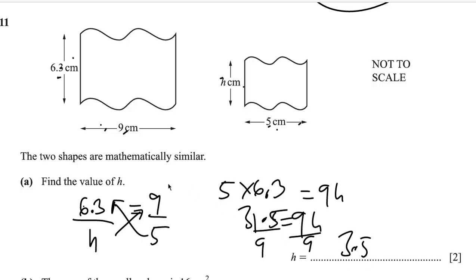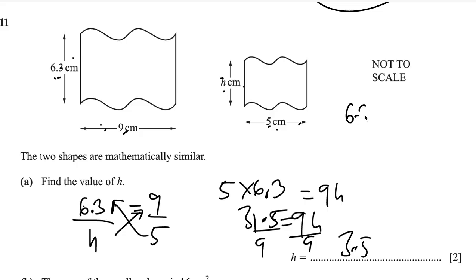So this is like a length scale factor. The shapes are similar, so the ratios of their sides are also equal. And please ensure that when you're doing the comparison, you follow the same order. So 6.3 over h.